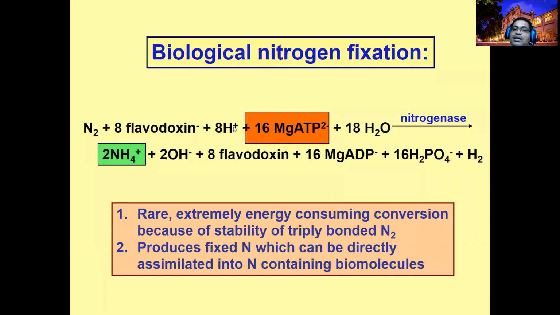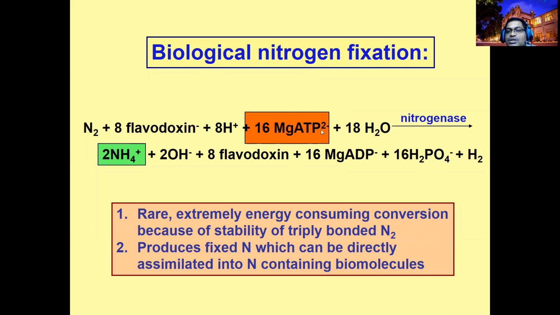So N2 plus 8 flavodoxin plus 8H+ plus 16 moles of ATP plus 18 H2O produces 2NH4+. Essentially only N2 plus H2O gives NH3, but the others are prerequisites: flavodoxin and ATP.